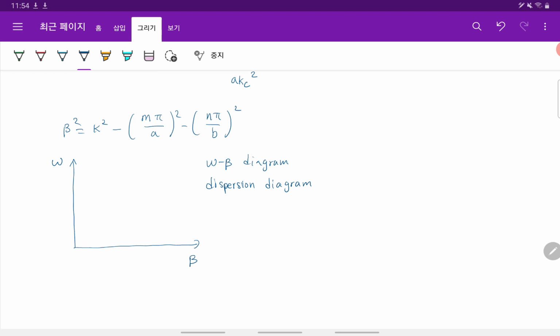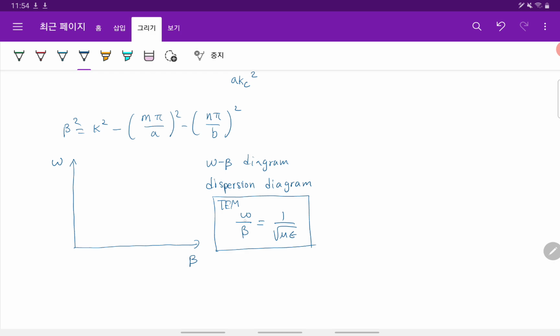So for the TEM wave, right? For the TEM wave, basically this relationship, the TEM case: omega divided by beta is the velocity, right? So the TEM wave follows a simple relationship.